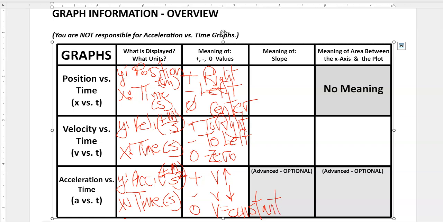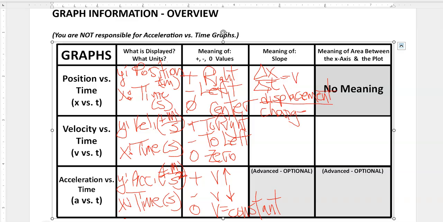And the meaning of a slope for a position curve: slope is the change in the rise, which in this case is a change in position, over the run, which is the change in the time. Well, that is the definition of velocity. Another way to say that in words is displacement, or change in position, over change in time.